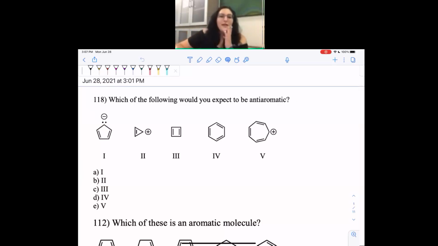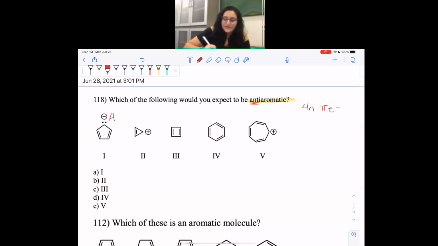Okay. So first and foremost, we know this is about aromaticity. This one says anti-aromatic, very important. Which one would you expect to be anti? And we know that anti is 4n pi electrons. So I'm going to go through these. This is cyclic, planar, fully conjugated, and it has 2, 4, 6 pi electrons.